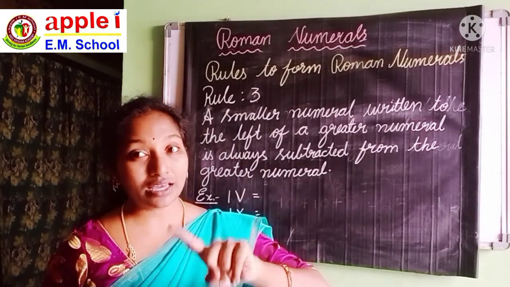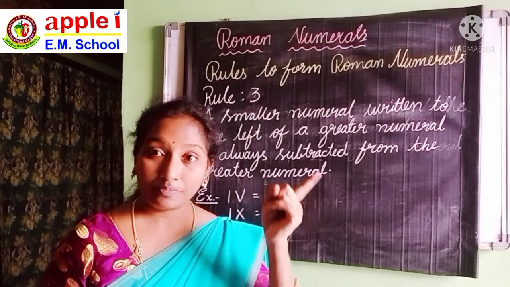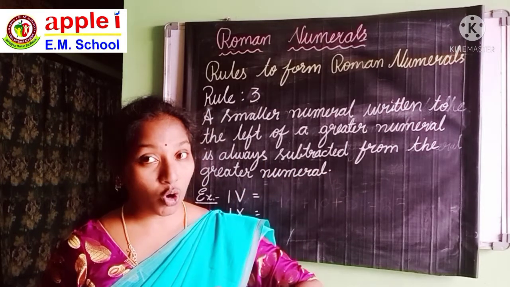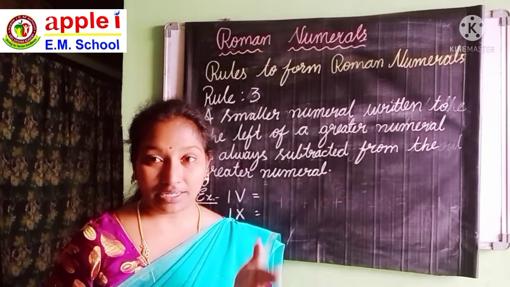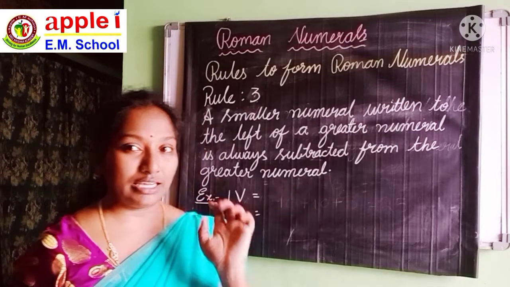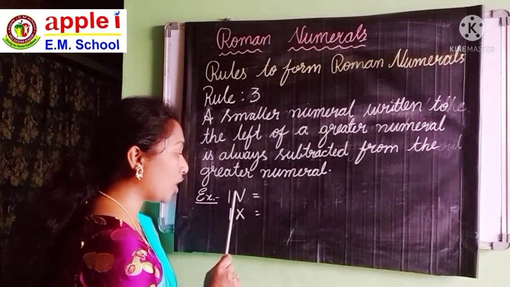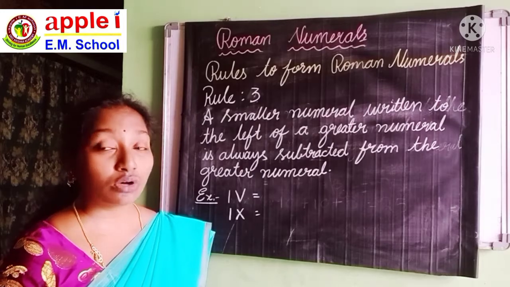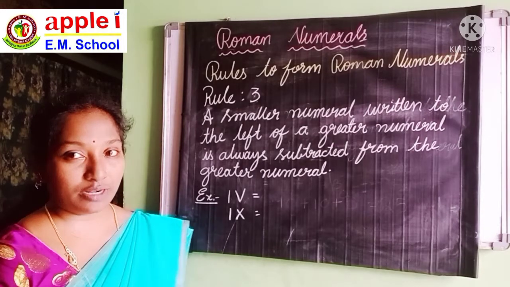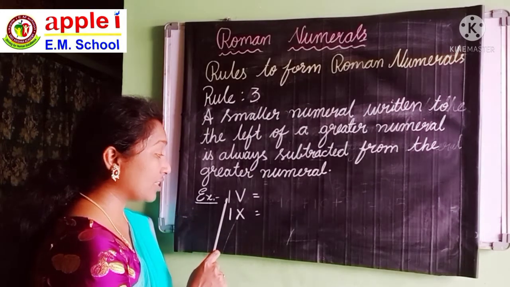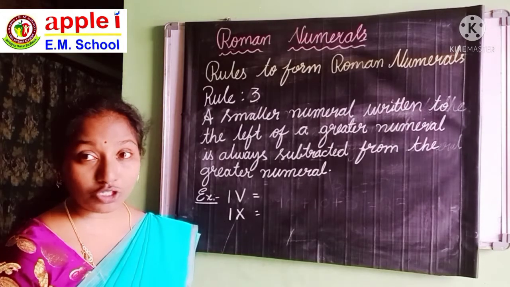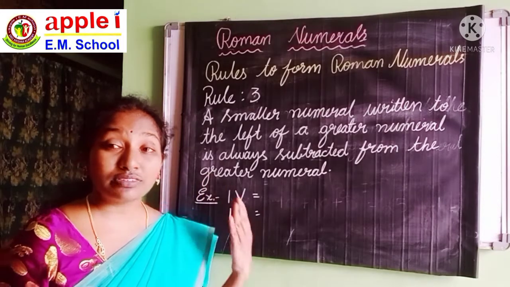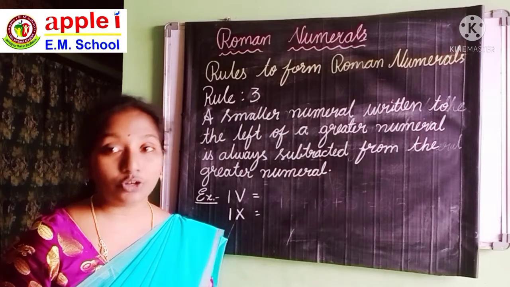Remember these two. Big, small, add. That is rule number 2. Small, big, subtract. That is rule number 3. So here we are having small and big, so we have to do subtraction. We should not do 1 minus 5. We have to subtract from the bigger Roman numeral.